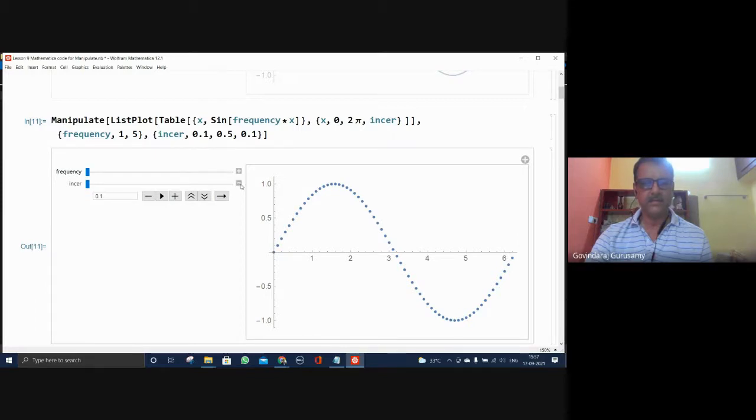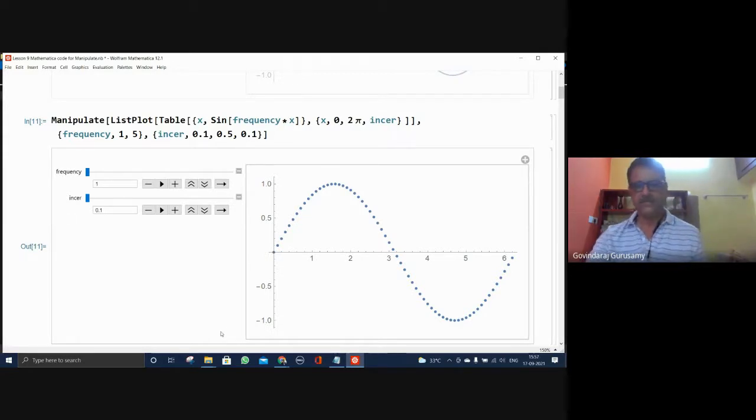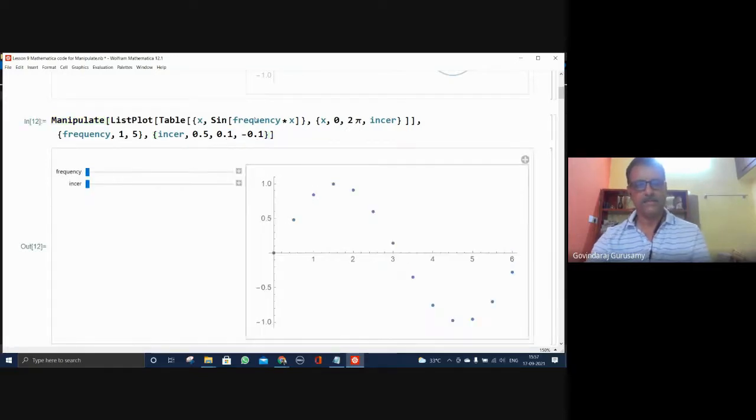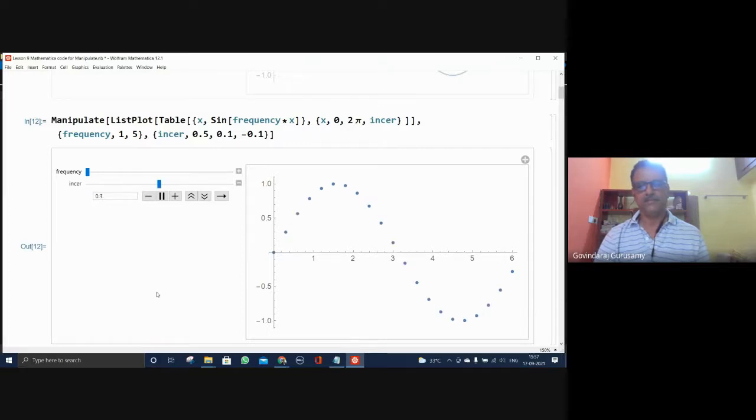You can also close it and open it whenever you want. So this is the simplest possible Manipulate. Let me check 5, 1, minus 1. As you can see, the number of data points is getting added up.